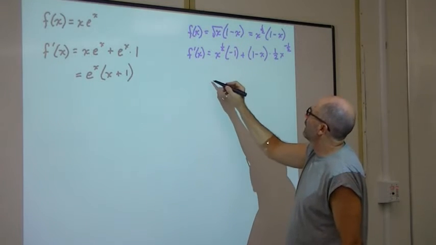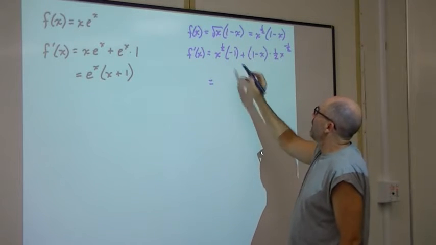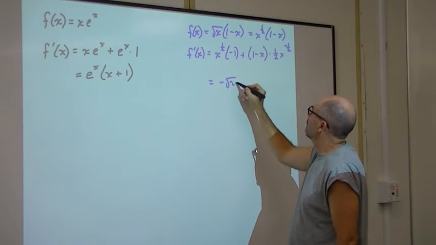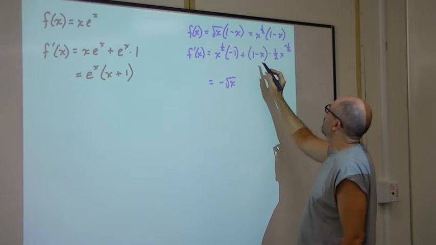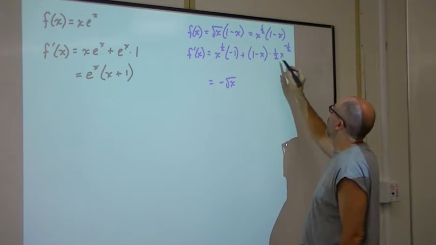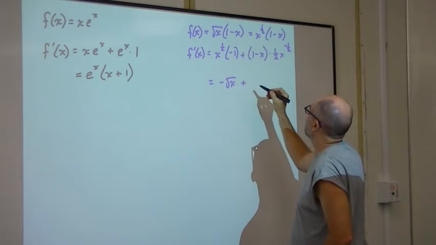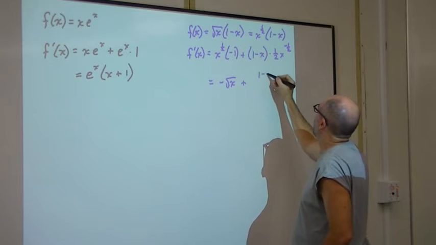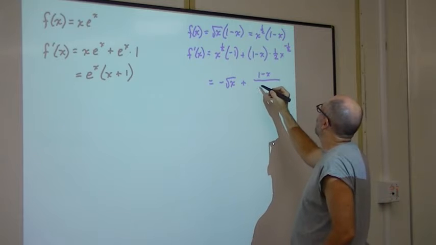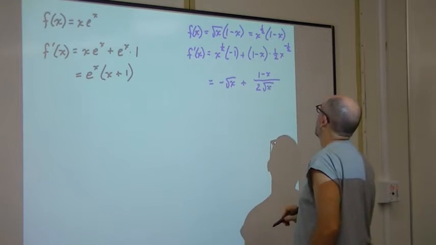All right, so let's simplify this. X to the 1/2 times negative 1 is negative square root of x. And then plus 1 minus x times 1/2 x to the negative 1/2 means we've got plus (1 minus x) over 2 square root of x.